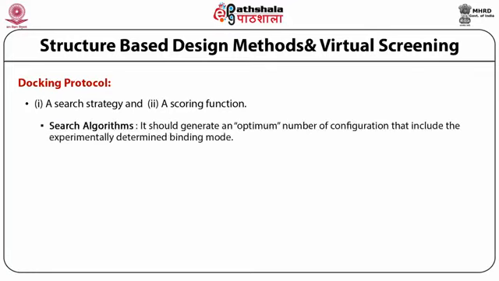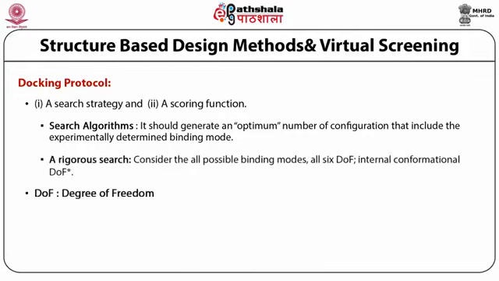Such an algorithm should generate an optimum number of different conformers of the molecules, and also include as much experimentally known structure as possible. A rigorous search must be done, covering all the binding modes of the molecules. Now, what are these degrees of freedom and how many should it actually account for?